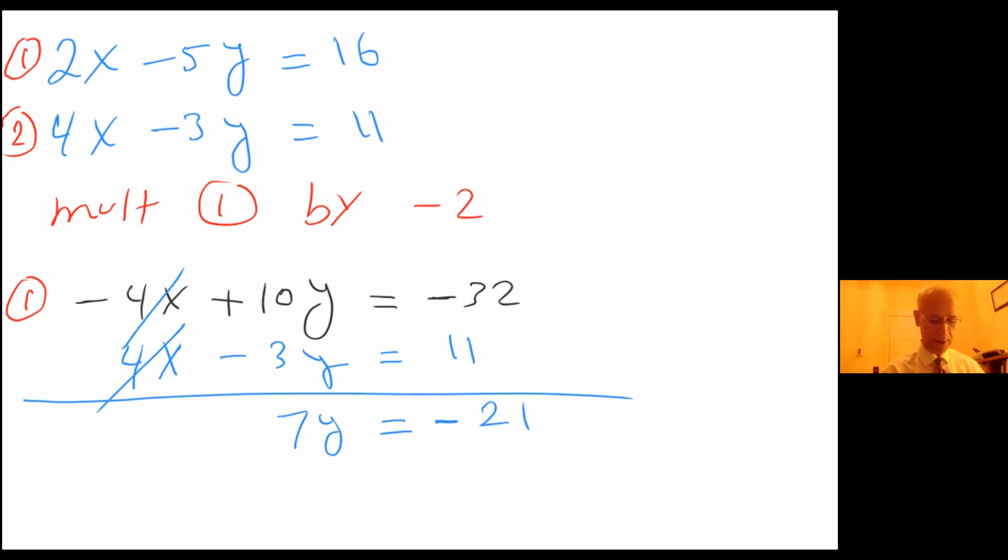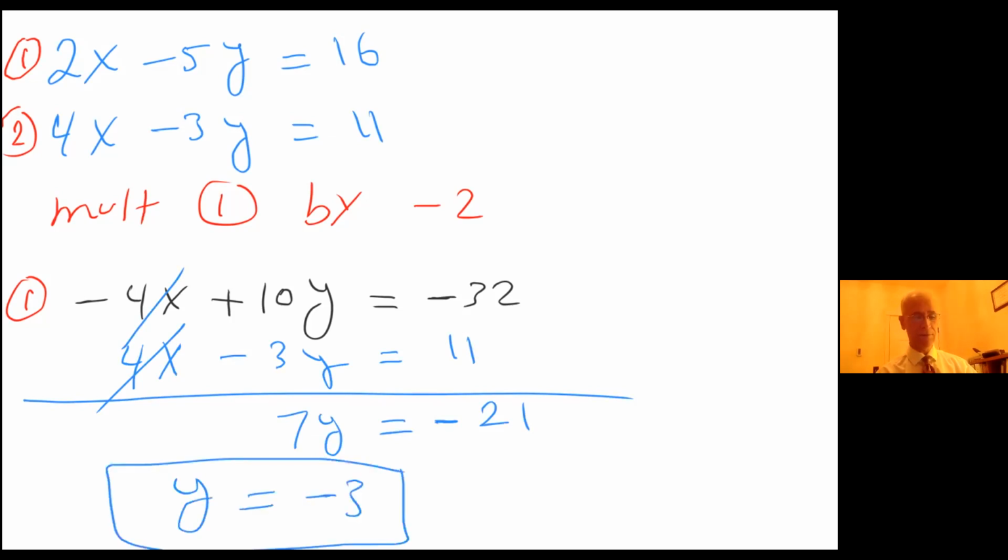Divide both sides by 7, and I get y equals -3. So I can now substitute this y in any of the equations above and find out the value of x. Let me go to the next page.